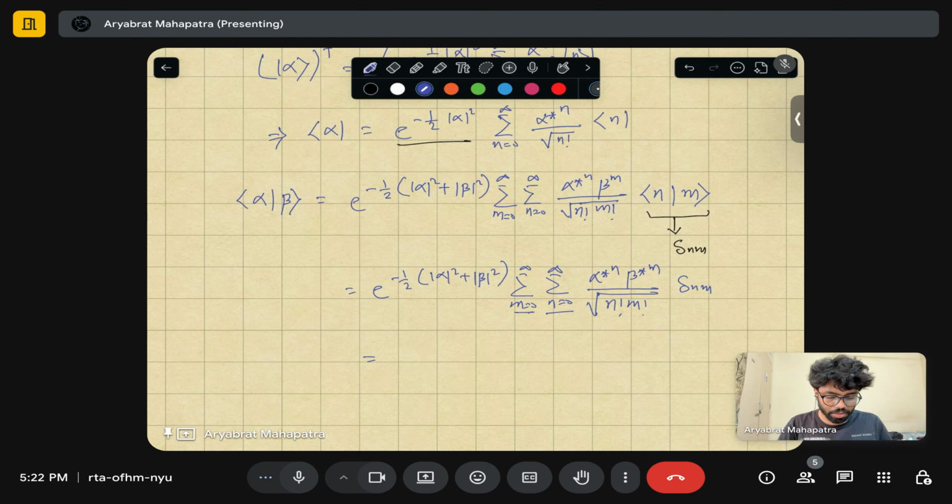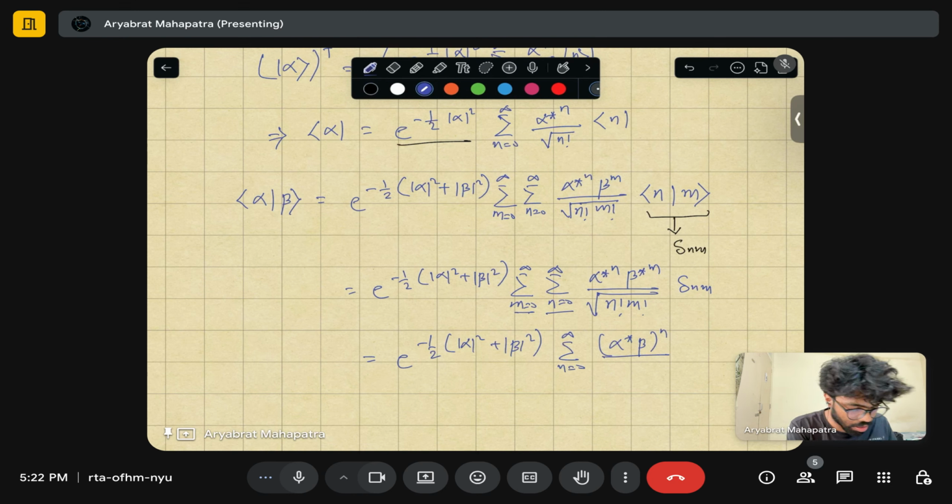So I can write this as minus half of the summation from n equals 0 to infinity of alpha star beta to the power n over n factorial.